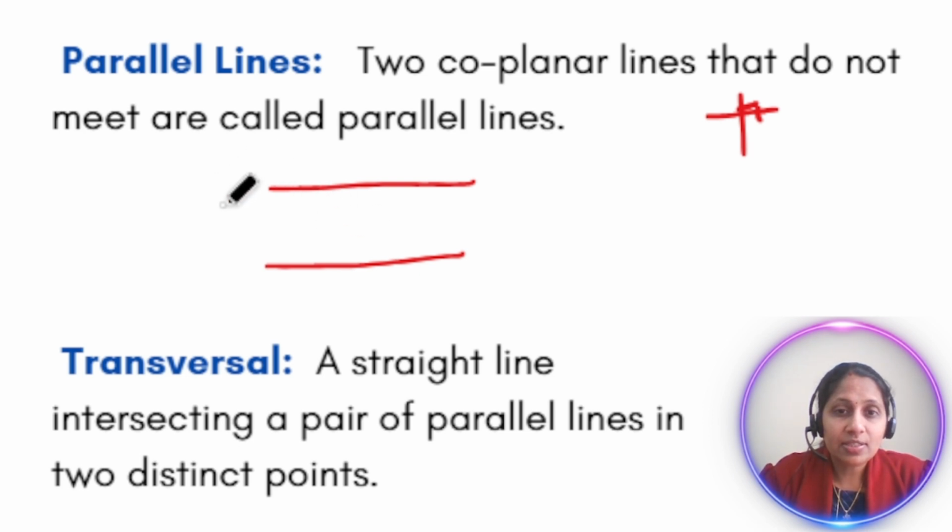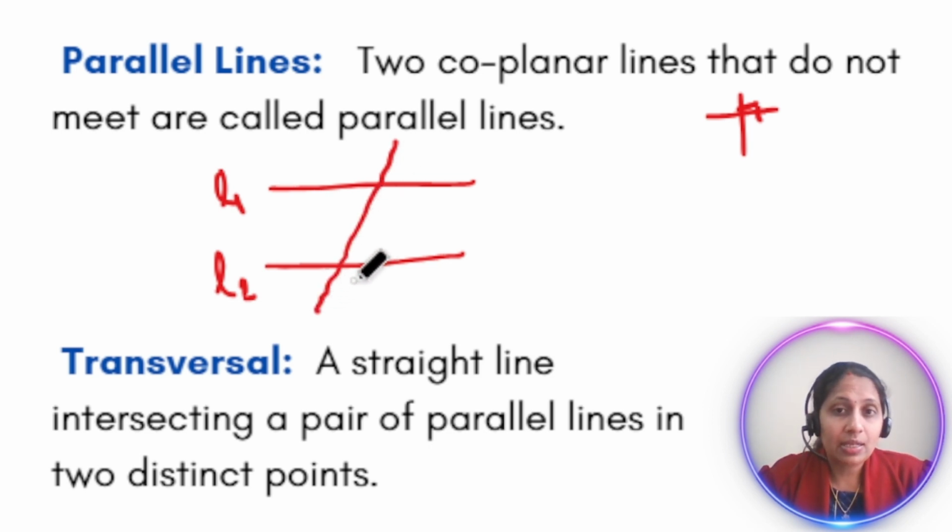Say, for example, this is parallel line number 1 and line number 2, which form the parallel lines. Transversal is the line which intersects a pair of parallel lines, which means two parallel lines at two different points. So this T is a transversal.